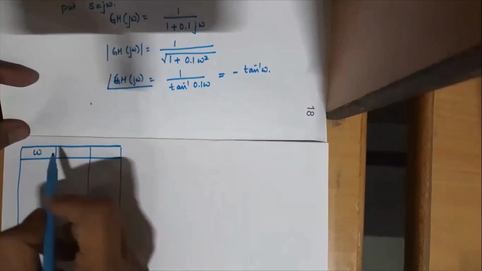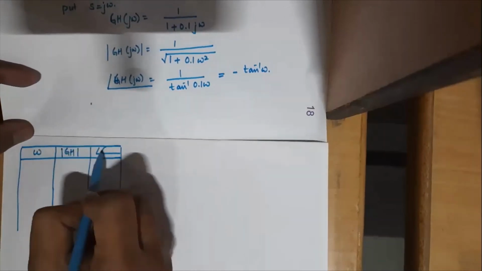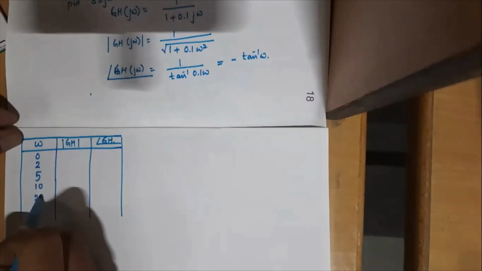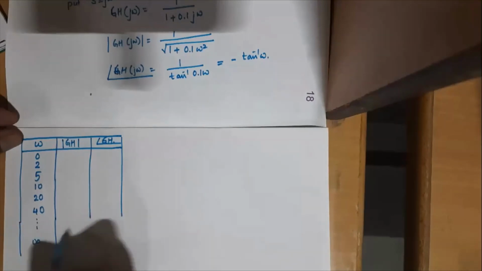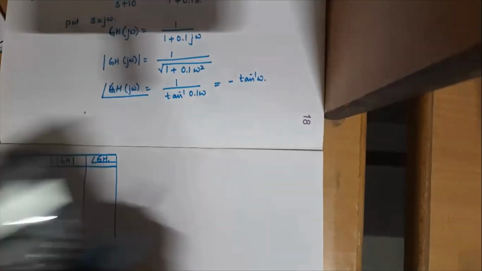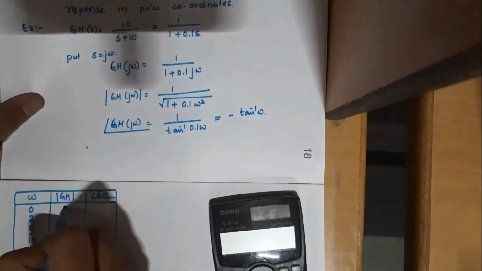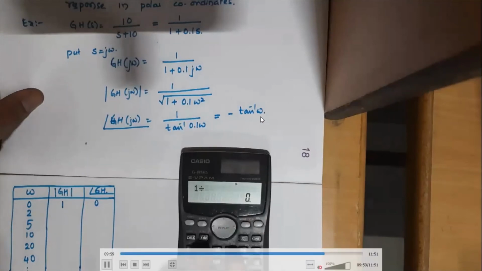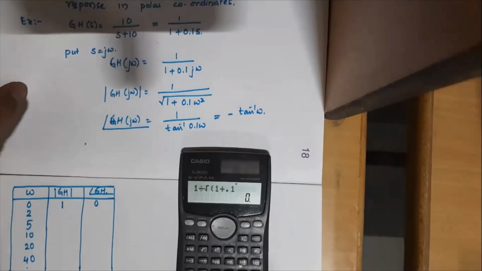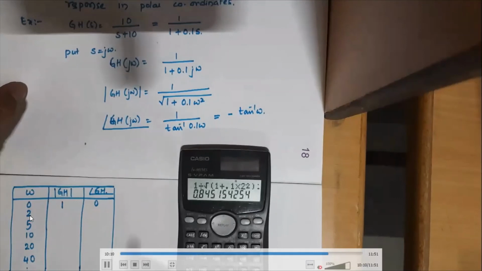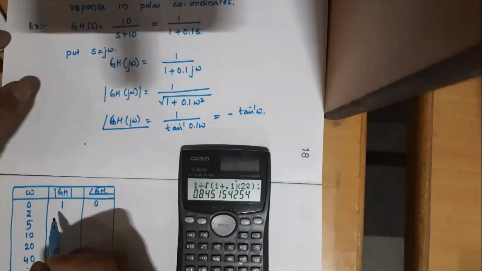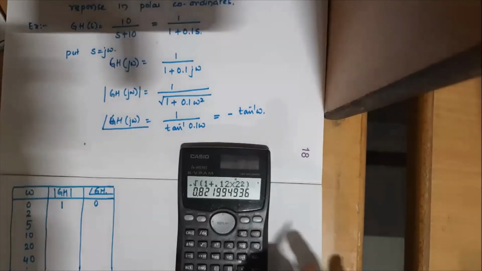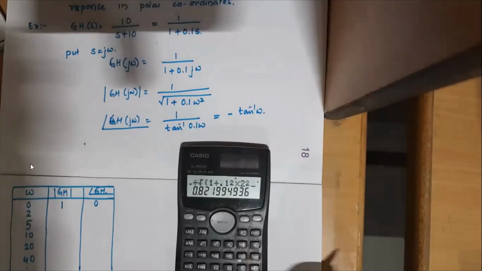So I'll make a simple table, one for omega, one for magnitude, and one for the phase angle. I'll choose omega values from 0 to infinity like this. Then I will calculate the magnitude. For omega equal to 0, your magnitude is 1 and phase angle is 0 degrees. Then for omega equal to 2, okay, I forgot to put a square for 0.1, so 0.1 square and omega square.